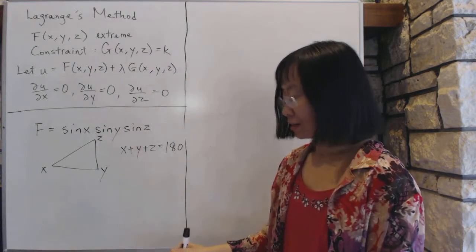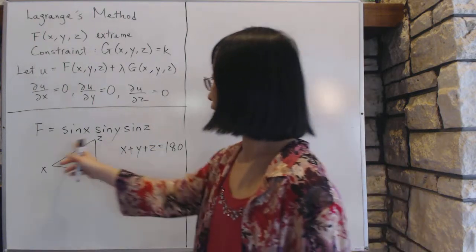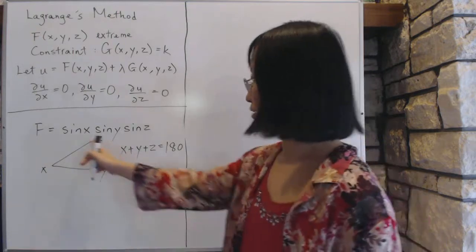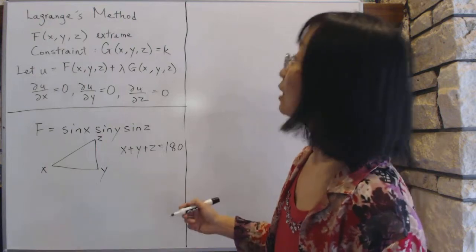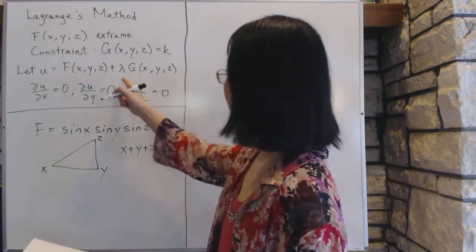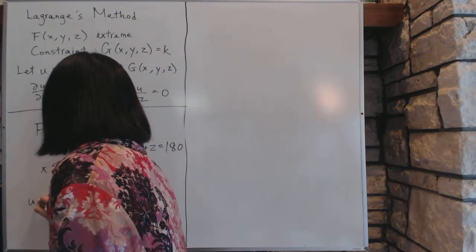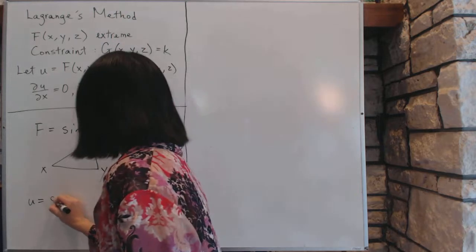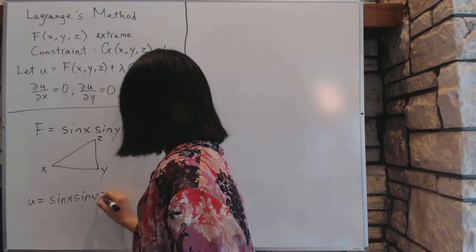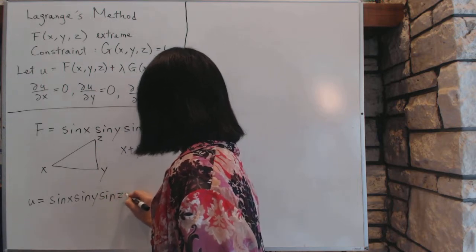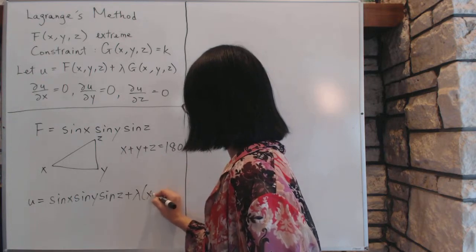So how do we maximize this? Well, what we're trying to prove here actually is that for it to be maximized, this has to be an equilateral triangle. That is, x, y, and z have to be the same. Okay, so to prove that, we will use Lagrange's method and follow this particular plan here, which is u equal to first f, sine x, sine y, sine z, plus lambda times the constraint, which is x plus y plus z.